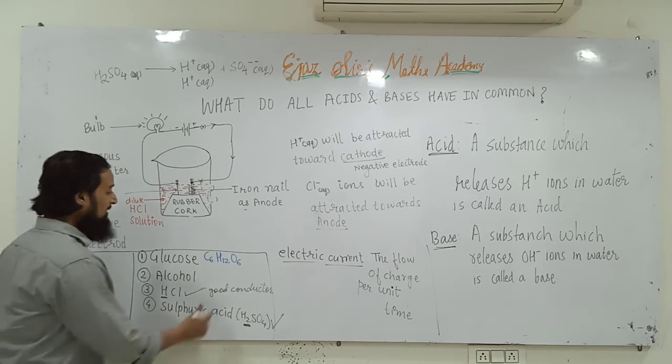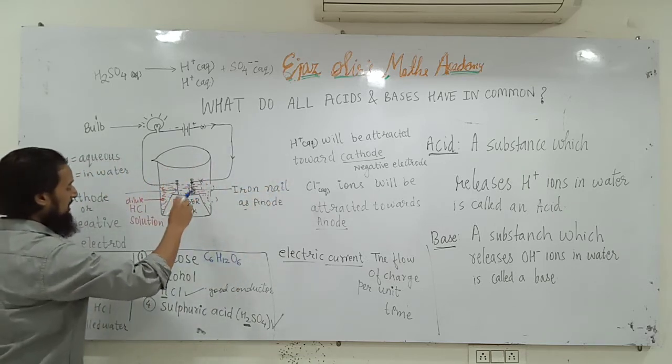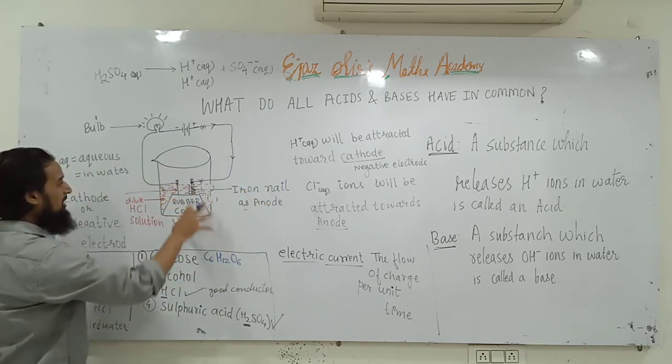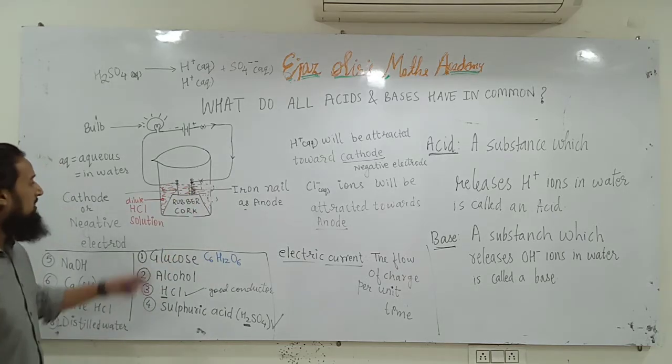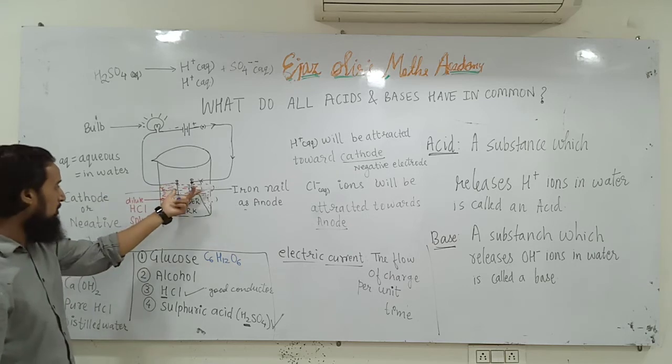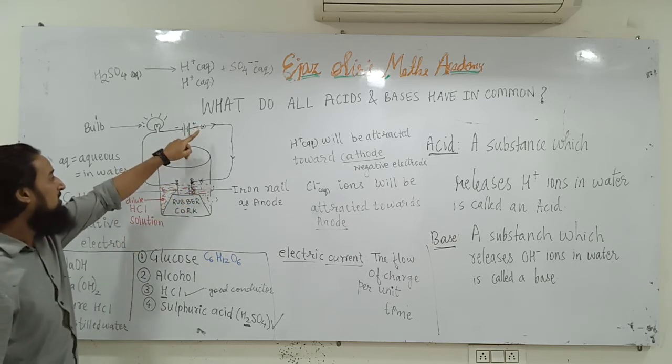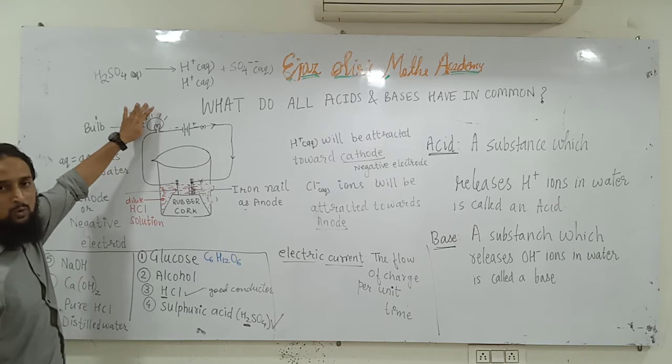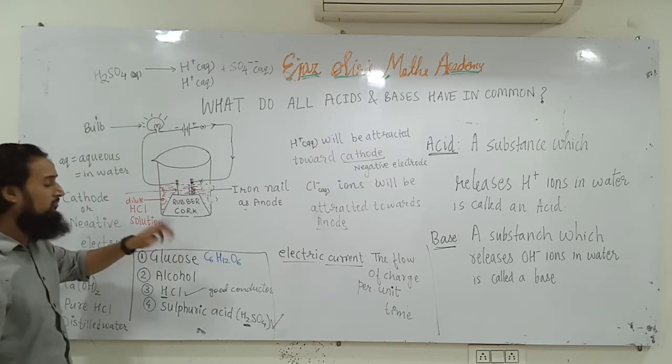But if we take water in this mug, add Glucon D to make a glucose solution, and switch on, there will be no current and the bulb will not glow.